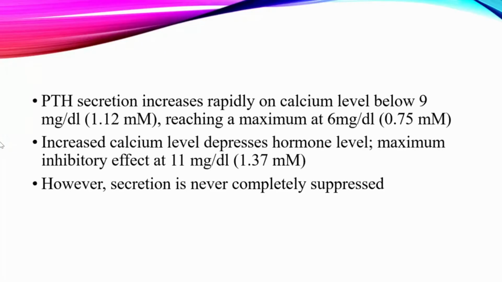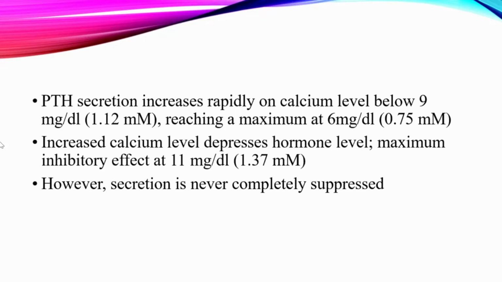The secretion of parathyroid hormone from the parathyroid gland is rapidly increased when the calcium concentration falls below 9 milligram per deciliter. The normal level of calcium in the serum is 9 to 11 milligram per deciliter.